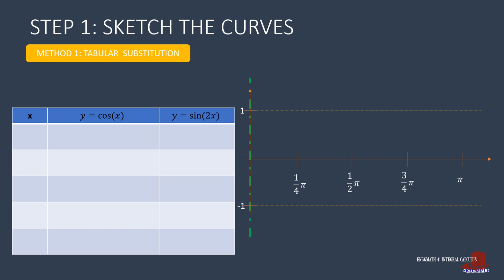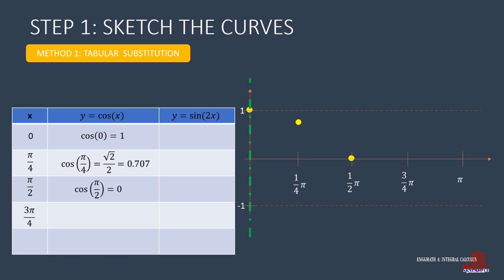Starting with y equals cosine of x, we let x equal to 0, and y becomes cosine of 0, which is 1. When x is pi over 4, y is cosine of pi over 4, which is root of 2 over 2, or 0.707. At x of pi over 2, y is cosine of pi over 2, which is 0.